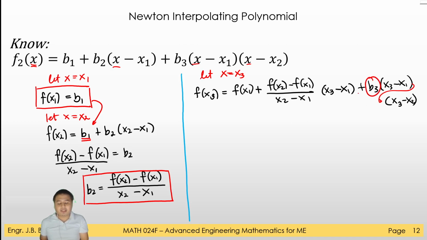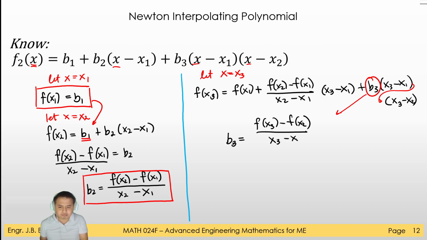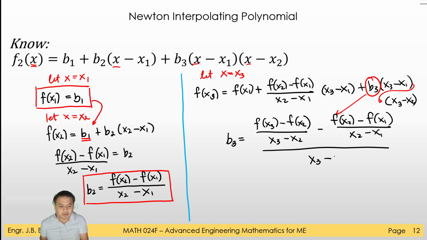If we solve for b3 here, this is a long algebraic manipulation, so I will not show it. We can solve b3, and this will be equal to f of x3 minus f of x2 over x3 minus x2, minus f of x2 minus f of x1 over x2 minus x1, and then all over x3 minus x1.